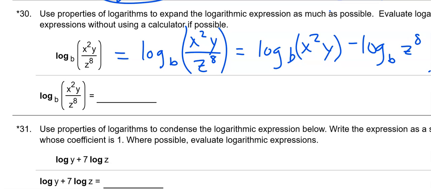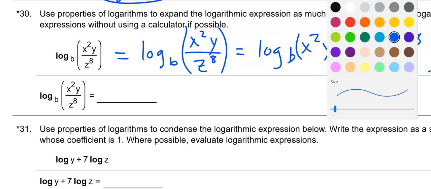Okay, so we split apart the quotient. Now it's time to look inside.